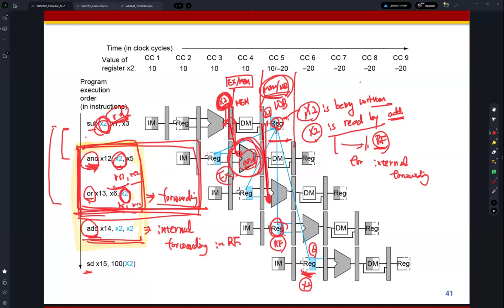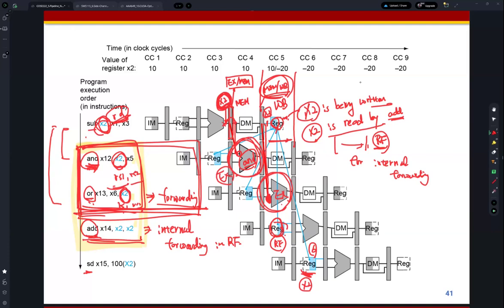So the forwarding is performed for this OR instruction when it is in the EX stage. What does that mean? We can check RS1 or RS2 in the EX stage and RD in a different stage, like the memory stage or write back stage.